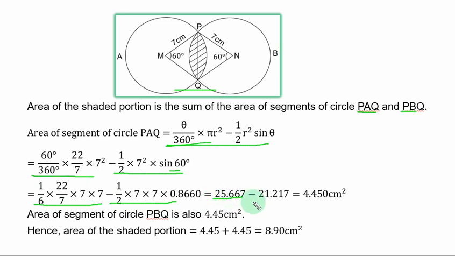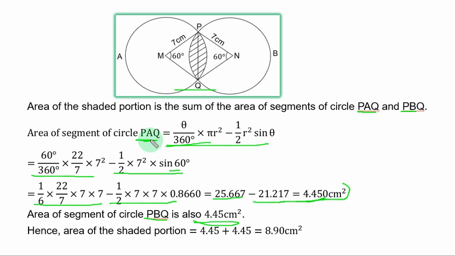The first part simplifies to this minus the second part, and that is 25.667 minus 21.217, and that is 4.450 square centimeter. So area of segment of circle PBQ is also this, because this one we have here now is for circle PAQ, since both circles have the same information.